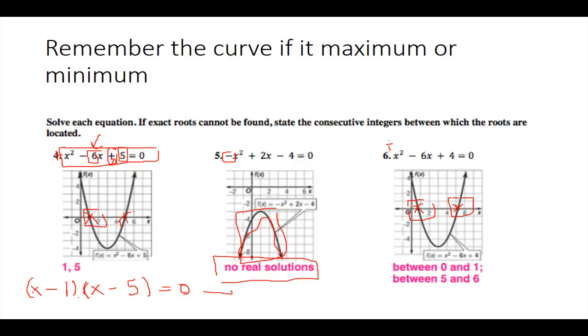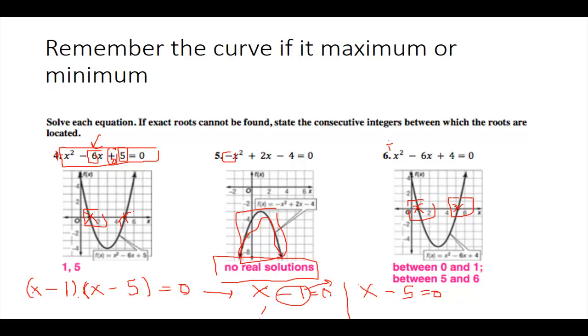So we have two brackets: x minus 1 equals 0 and x minus 5 equals 0. We're going to move this number to the other side of equal with a different sign.